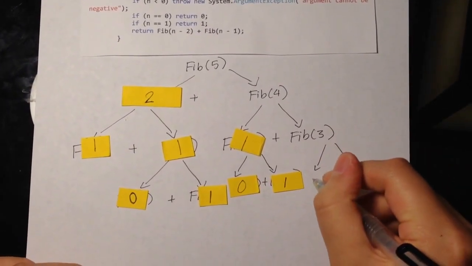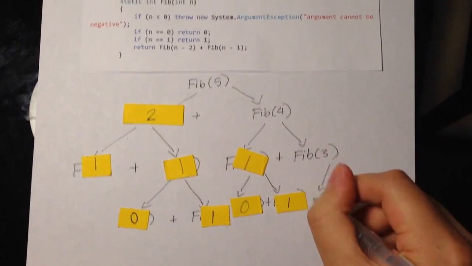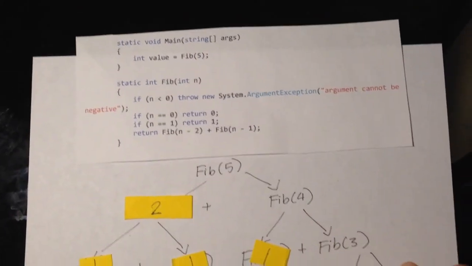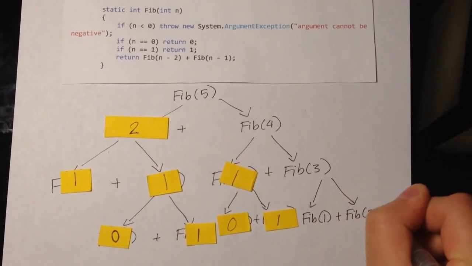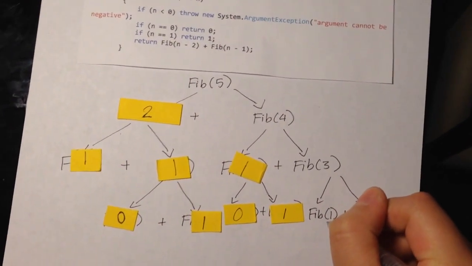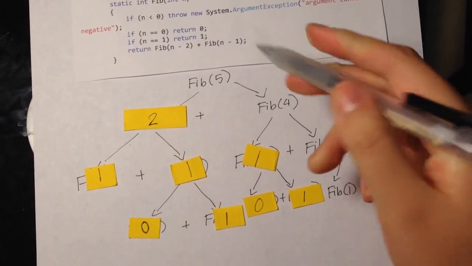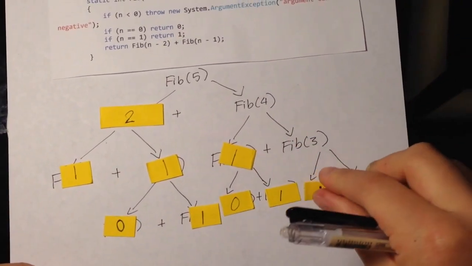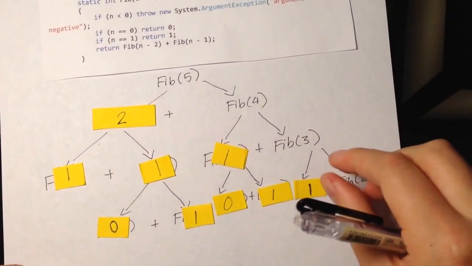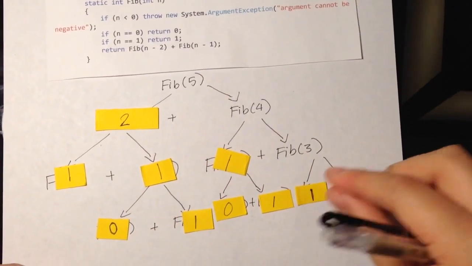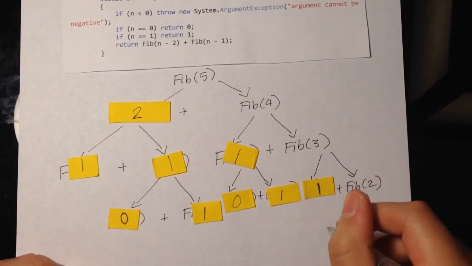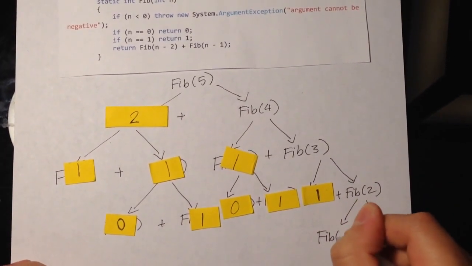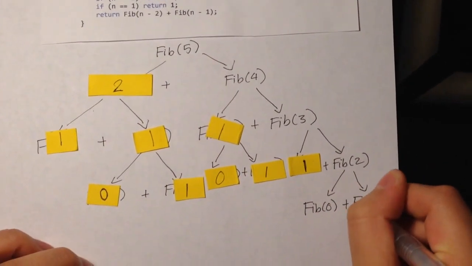Fib of 3, looking at the recursive call here, is fib of 3 minus 2, 1, plus fib of 2. Fib of 1 is called in the main function, which is a termination condition, so we return a value of 1. Fib of 2 is called in the main function, and we get fib of 0 plus fib of 1.